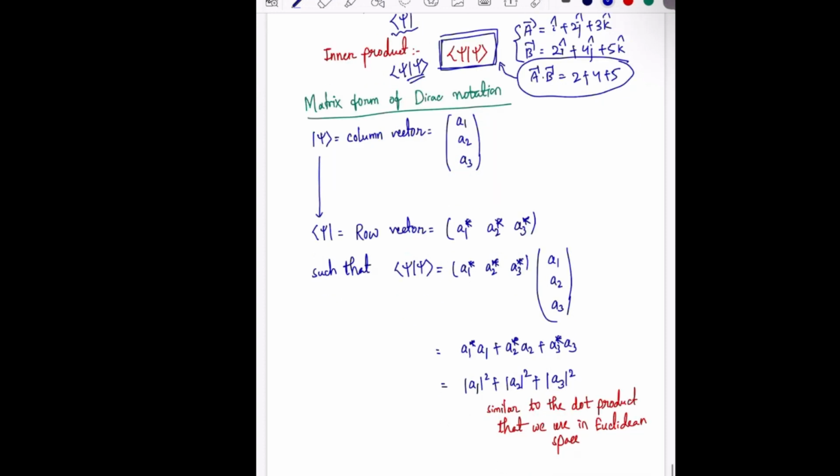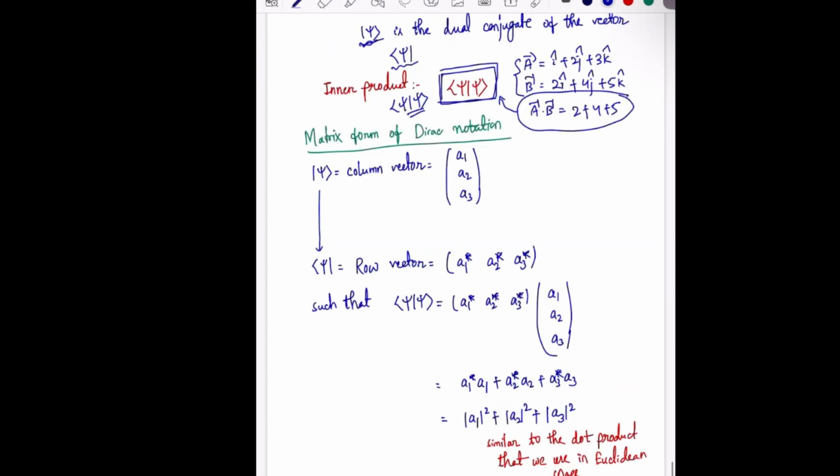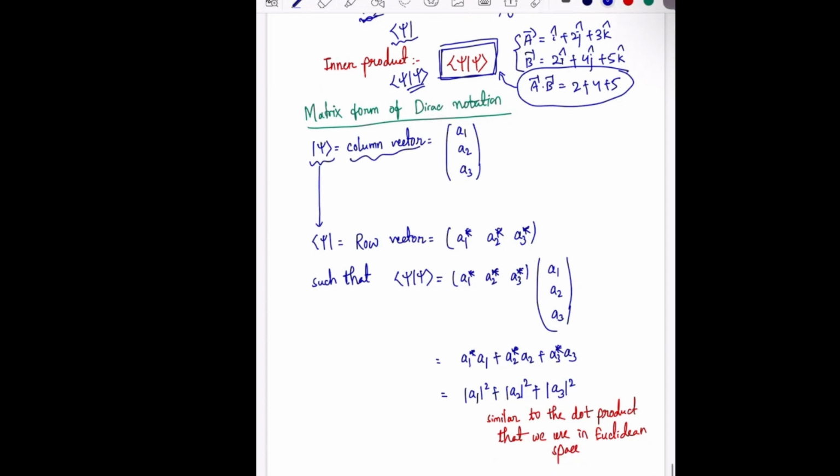Now, in matrix form, how can you write a ket vector? Normally we represent a ket vector as a column vector, which, let's say, has coefficients a1, a2, and a3.